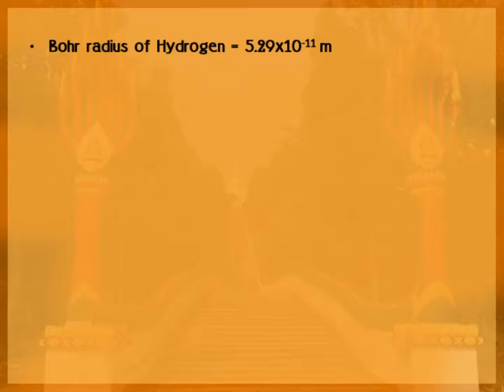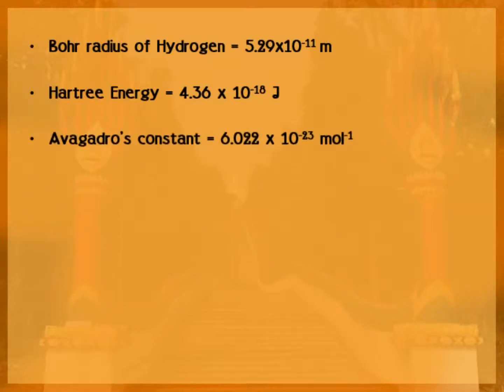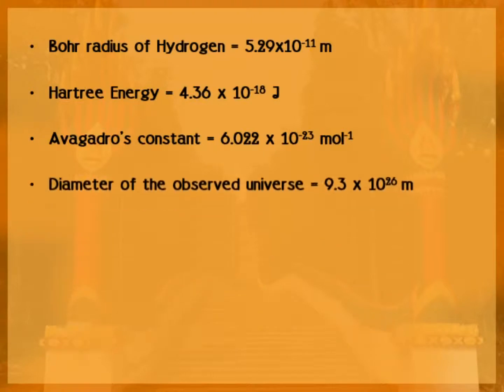So the Bohr radius of a hydrogen atom is 5.29 times 10 to the minus 11 meters. The Hartree energy is 4.36 times 10 to the minus 18 joules. Avogadro's constant is 6.022 times 10 to the minus 23 moles to the minus 1.